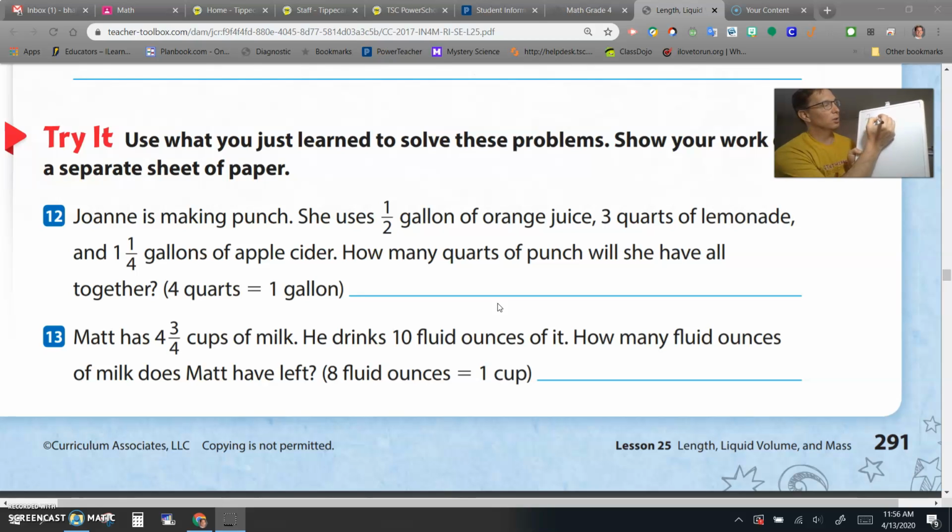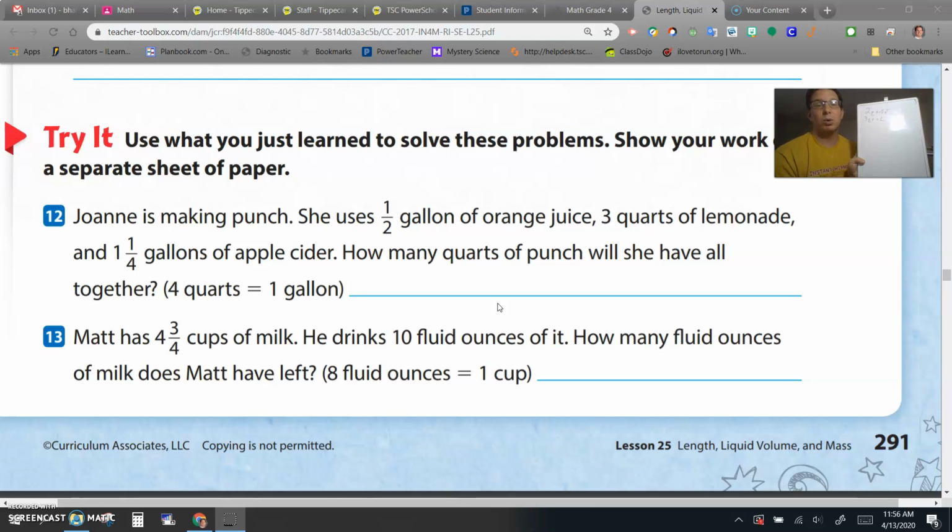Let's put 2 quart OJ. 3 quarts lemonade. So that's already in quarts. Let's put lemonade with an L. And 1 1/4 gallon of apple cider. Well, 1 whole gallon is 4 quarts. 1/4 gallon in quarts would be 4 divided by 4, which is 1.